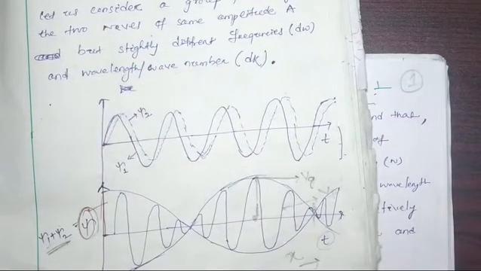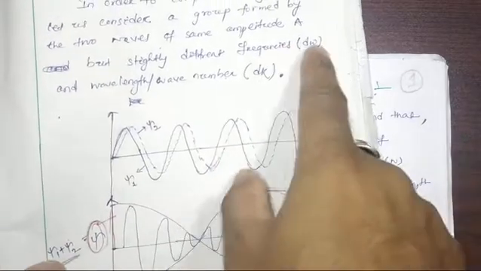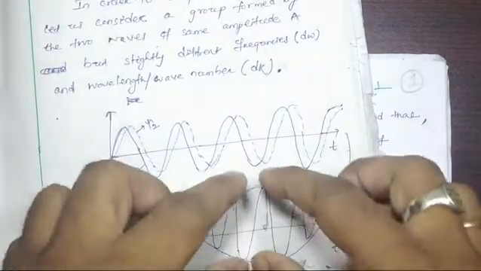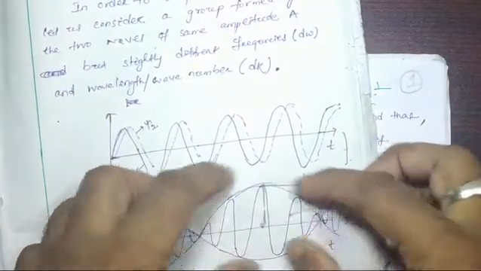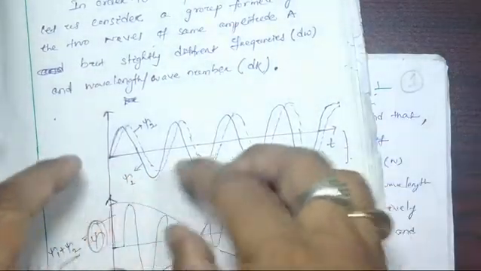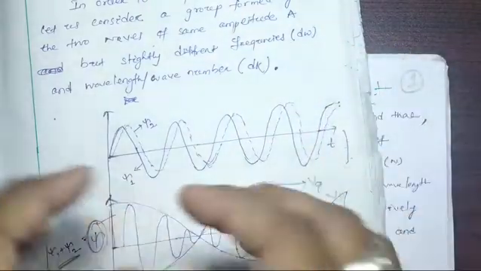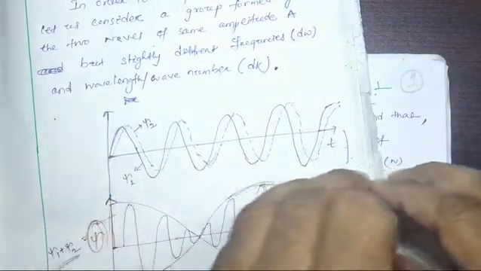Likewise, if we consider a number of waves having slightly different wavelength, wave number and different frequency, then also we can get this type of thing. If these waves are moving or passing along the x-axis, this type of structure moves like this.